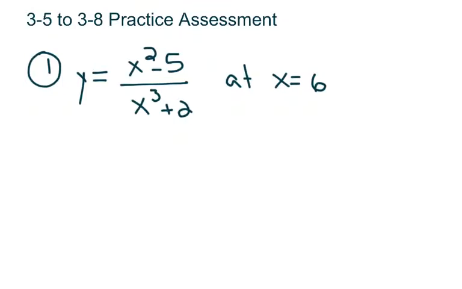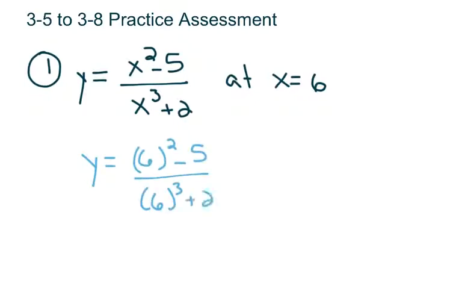The easiest way to determine real fast whether a function is continuous or not really is to just plug it in and see if you get an output. Now you can plug this in the old-fashioned way and just do 6 squared minus 5 over 6 cubed plus 2, which is going to give you 35 minus 5 on top and 216 plus 2 on the bottom, which, oh, I said 35, when that's really 36.